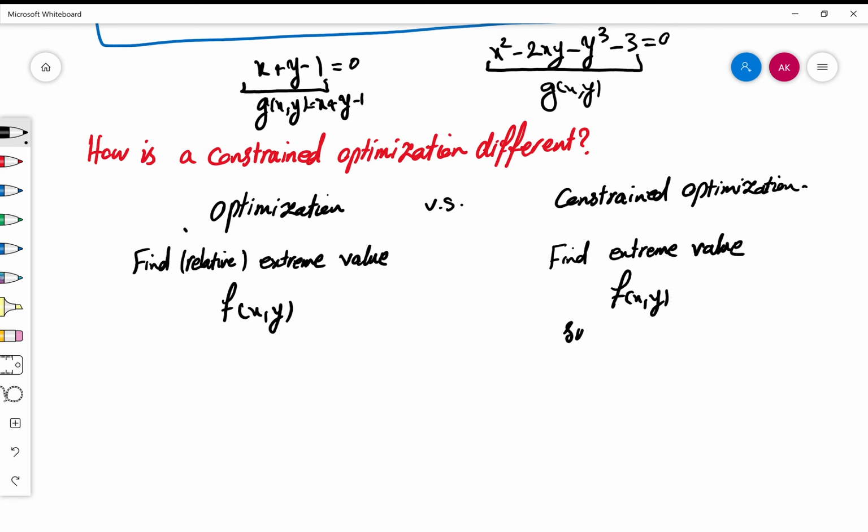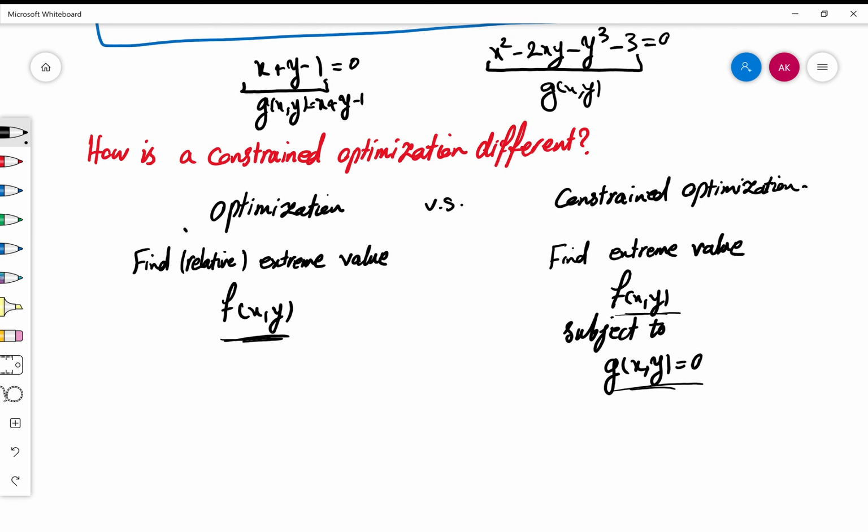We want to restrict our points x and y to a condition, subject to a constraint. Before, in the regular optimization, you have only one function and you want to find its extreme values. But here, you have one function and a constraint, sometimes more than one constraint, but here we are interested in only one constraint.